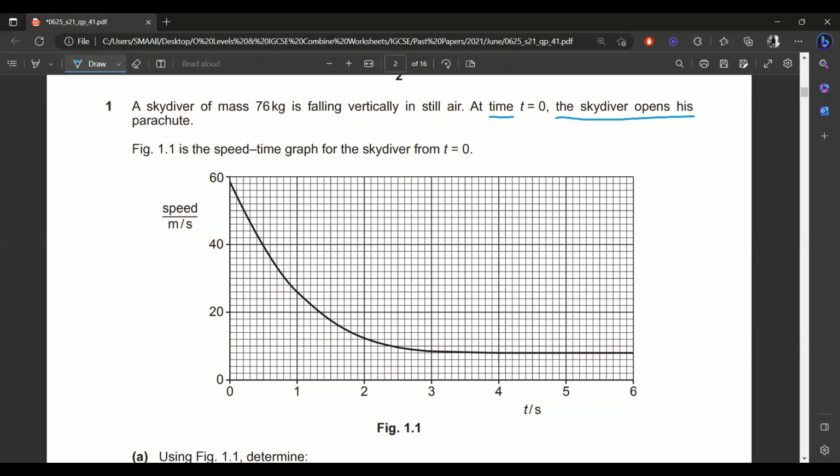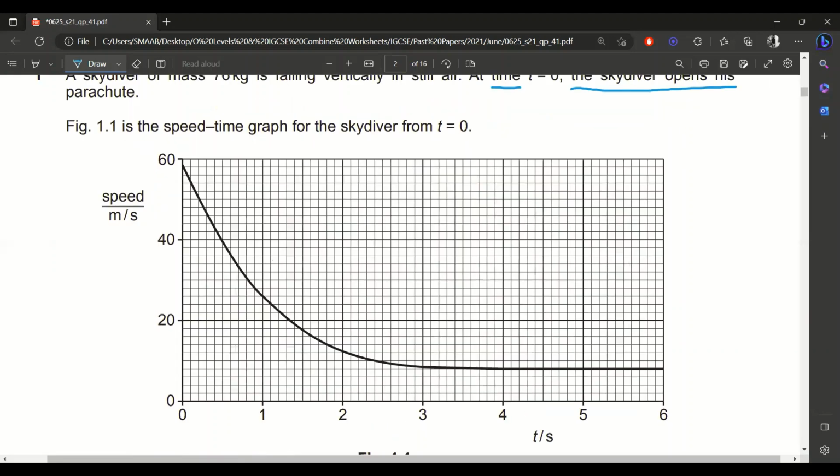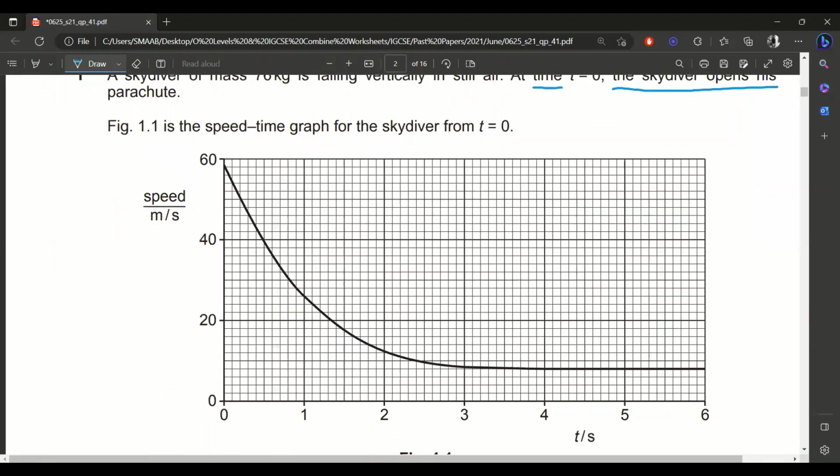So at time t equals 0, the skydiver opens his parachute. If we find the initial position, this is the initial position, and this point is 58.